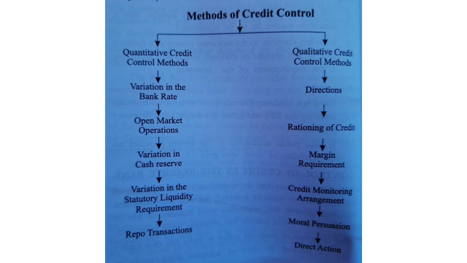So the RBI has the power to cancel the licenses of banks, refuse to grant refinance facilities, put lending restrictions on the banks, or not permit the opening of new branches, etc.